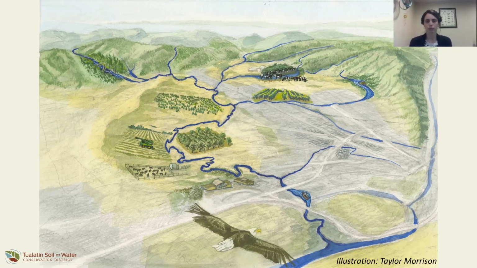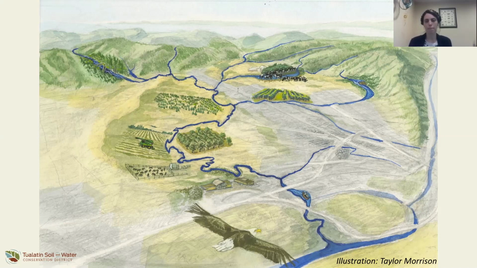Now, when you consider how much land that precipitation falls upon, it's a lot of impacts on our waterways, and that's why our district really tries to tackle each one of those resource concerns that come with different land uses. Eventually, the Tualatin River will flow into the Willamette River, which then flows up to the Columbia River, and that continues on out to the Pacific Ocean.